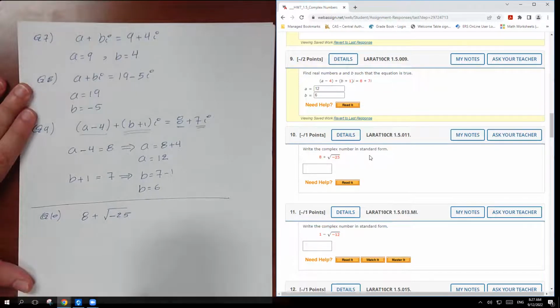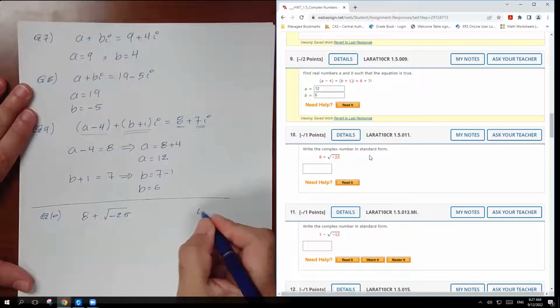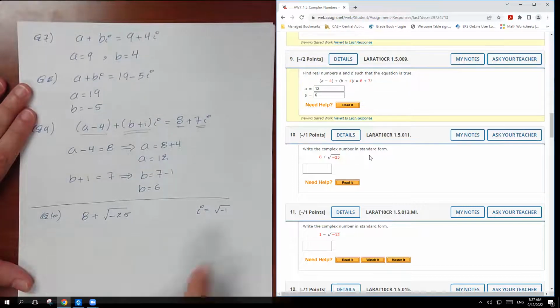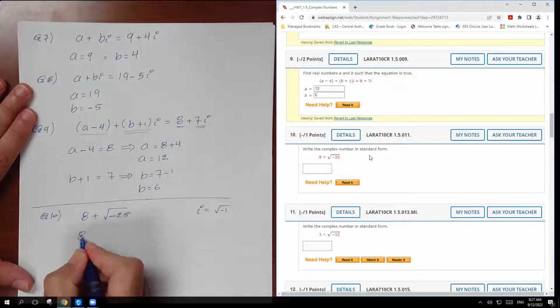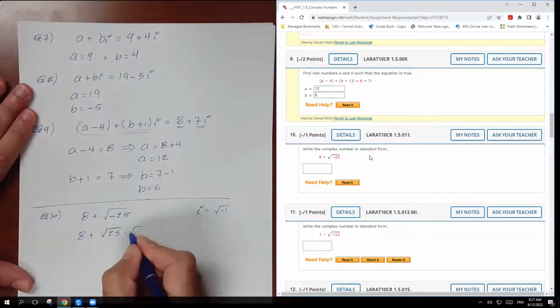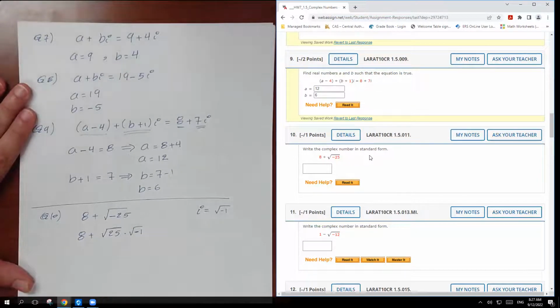The same thing, we already know i is the square root of negative 1. So check what I'm going to do here. 8 plus the square root of 25 times the square root of negative 1.